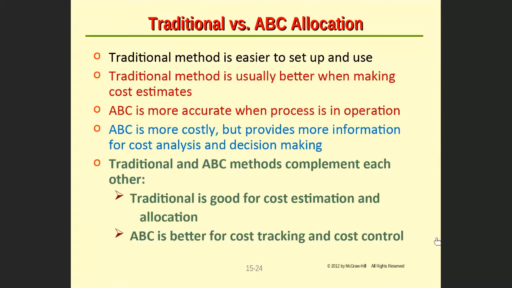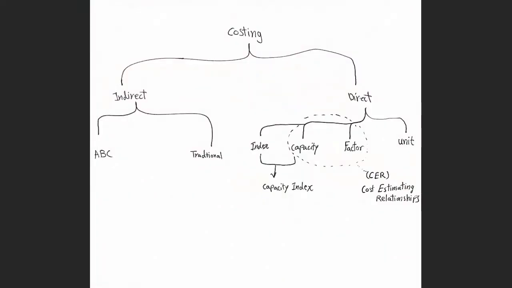I will show you a summary here for the methods that we have covered in Chapter 15. Chapter 15 consists of two branches of costing methods: the direct method, which was covered in the first part, and that includes the unit method, factor method, capacity method, index, and capacity index.